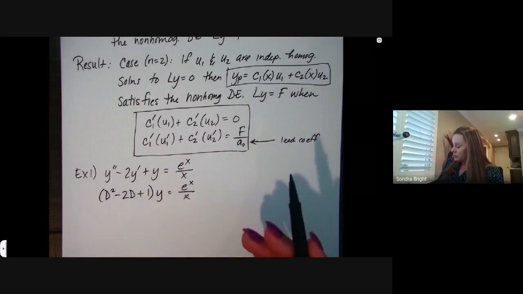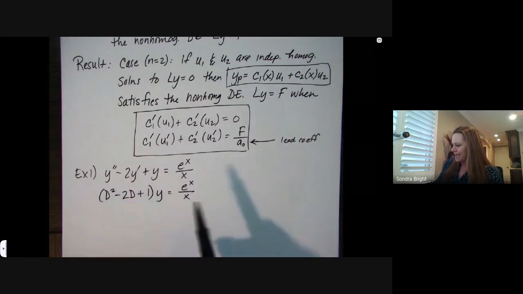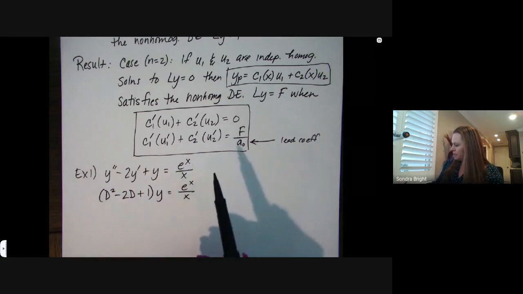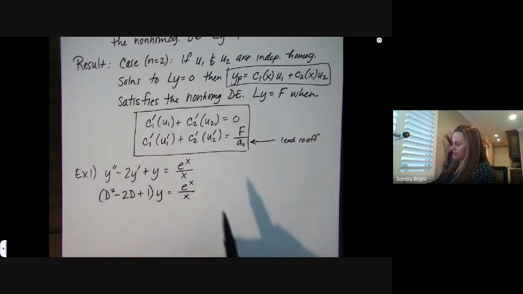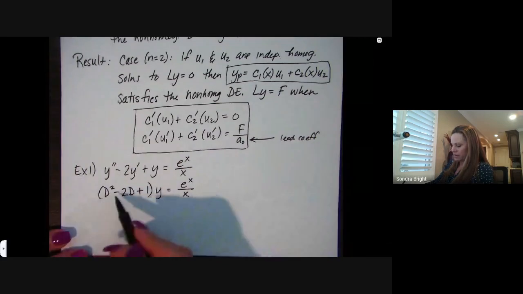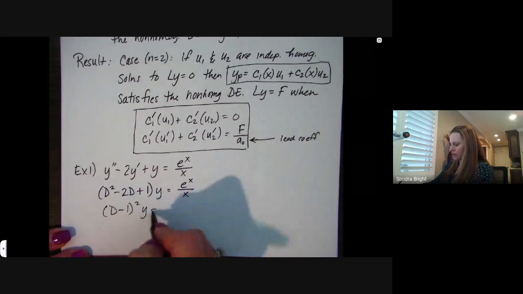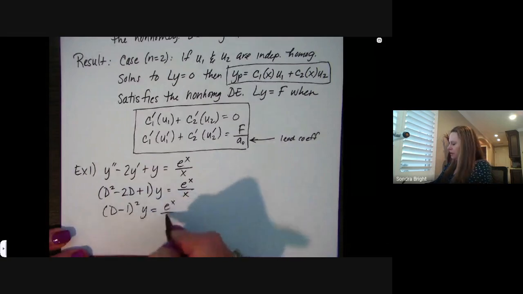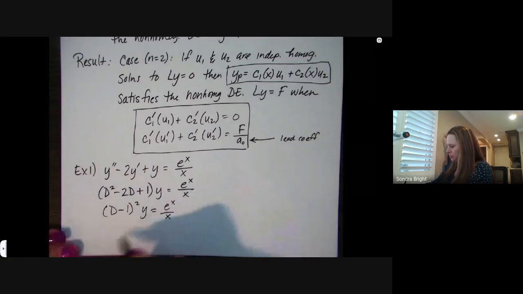All right, so we do have constant coefficients for L, but F was not one of those special types that we could use the method of undetermined coefficients on. So we start by doing what we do. That factors: it's d minus 1 quantity squared of y is equal to e to the x over x. And here your r is 1, but it's got a multiplicity of 2.